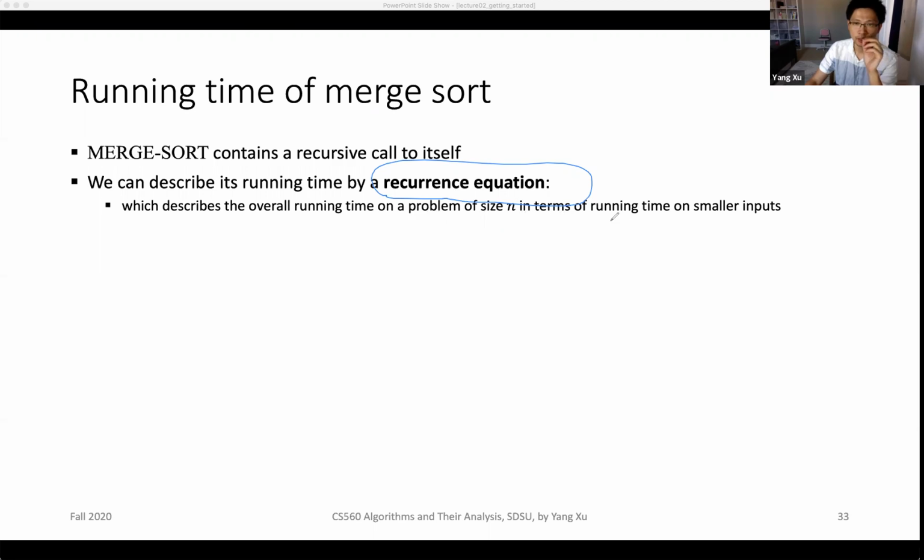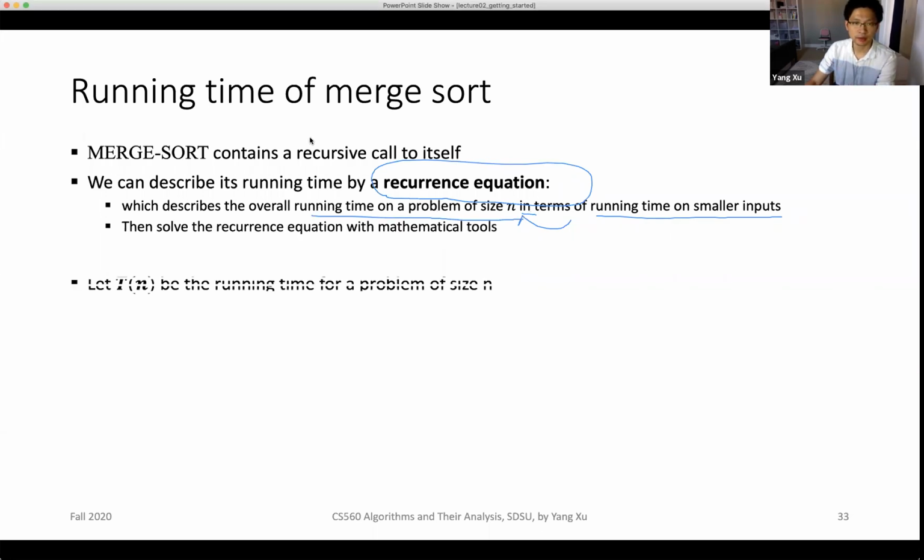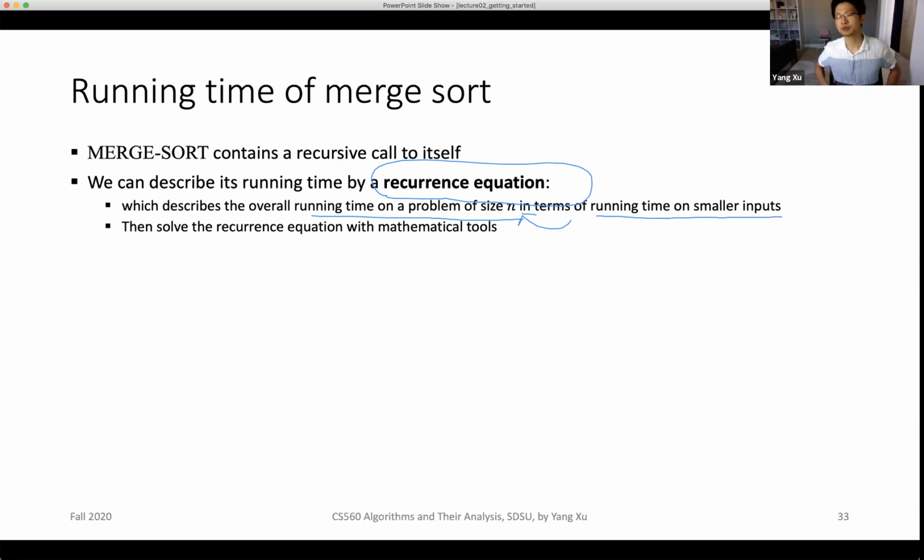So we use the running time on smaller inputs to describe the running time of a problem of bigger size. And with the recurrence equation obtained, we are able to solve it with mathematical tools.